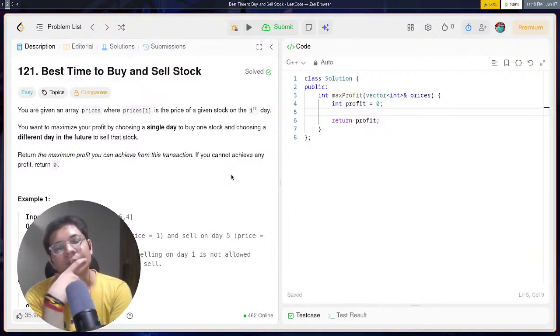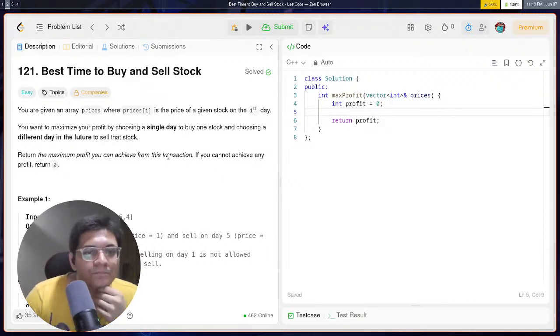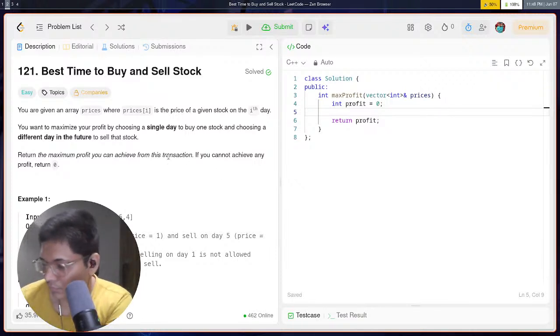Seven, 1, 5, 3, 6, 4. First iteration going from 7 to 4, finding the lowest value.